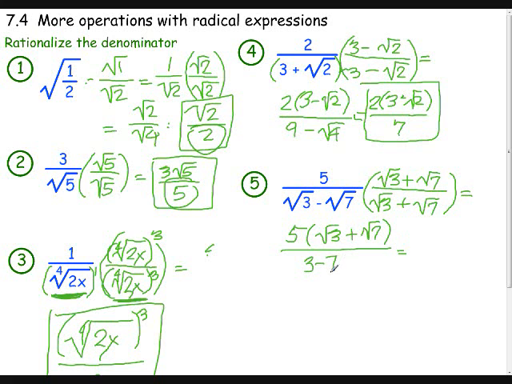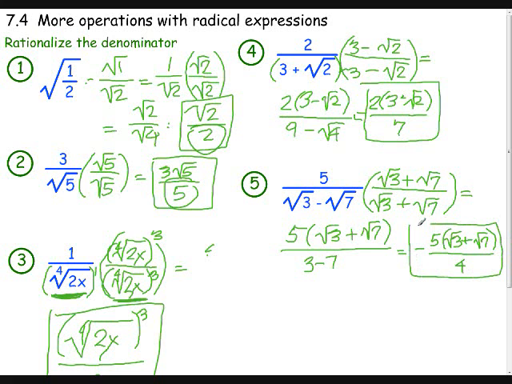So my denominator is going to be a negative number, negative 4. I'm going to choose to put that negative out in front of my expression here, and we'll have 5 times square root of 3 plus square root of 7 all over 4. If it was a negative 4, I put my negative out in front.